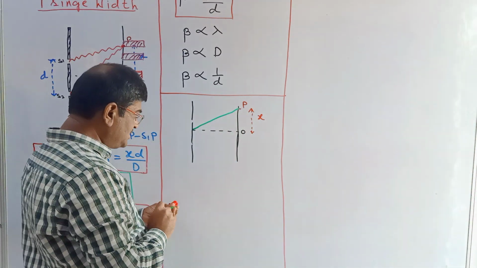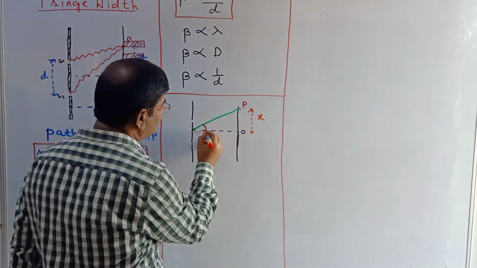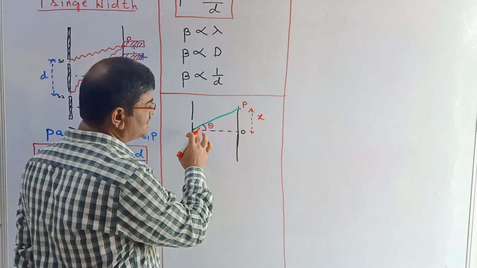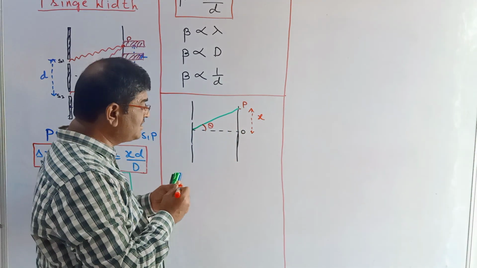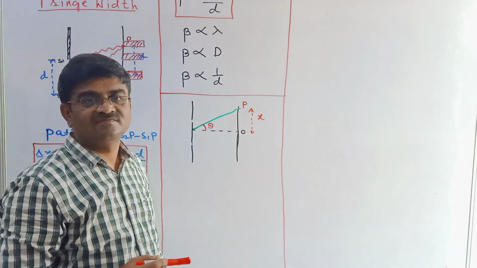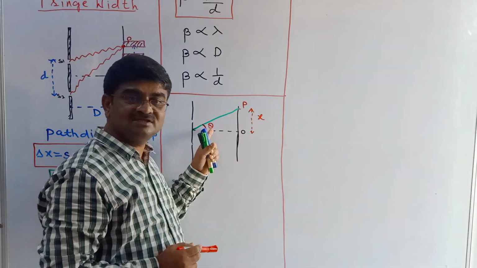Now this line makes a certain angle theta with my reference line. So this angle theta gives me the angular position of the point P. Linear position is x, angular position is theta.